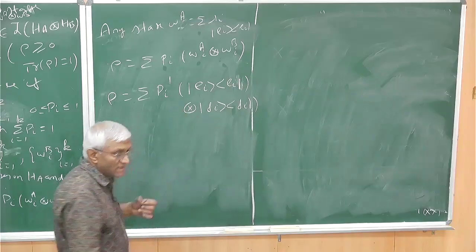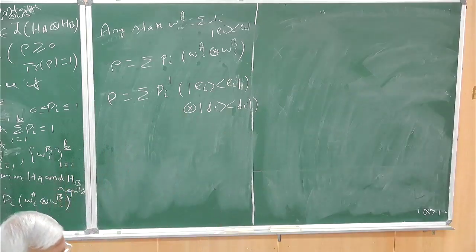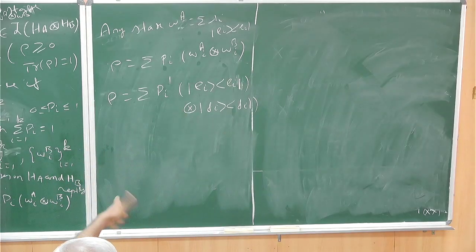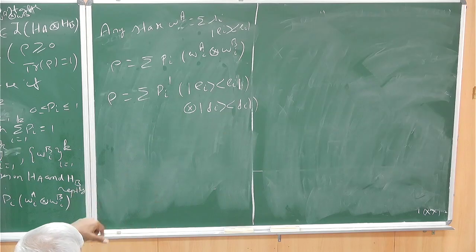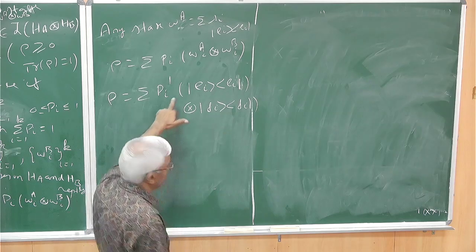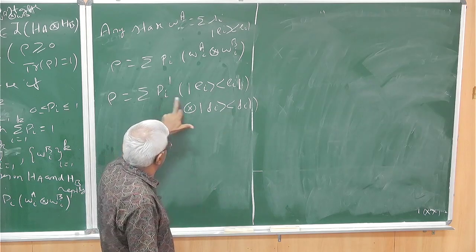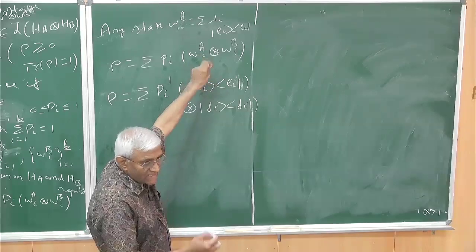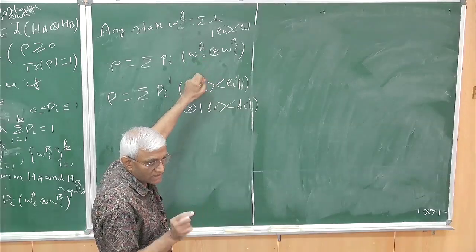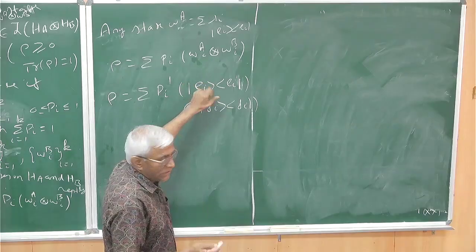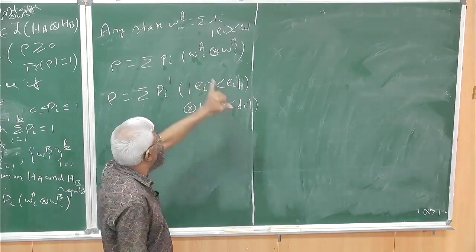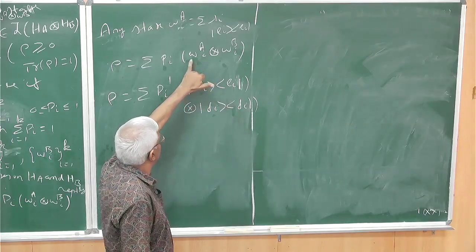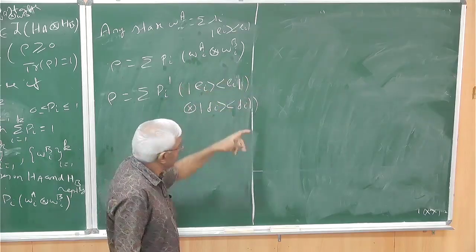All I'm saying is, if it is a convex linear combination of product states, it is a convex linear combination of pure product states. These are pure states. You can, by decomposing this as product, any state is a linear combination of pure states. Pure means this kind of state is a pure state. So anything is a product linear combination of pure states. This is another linear combination.